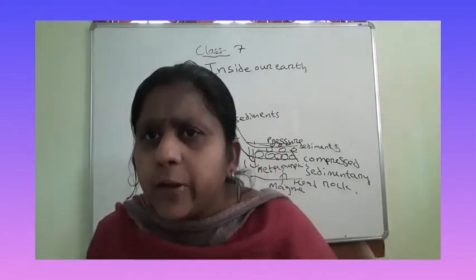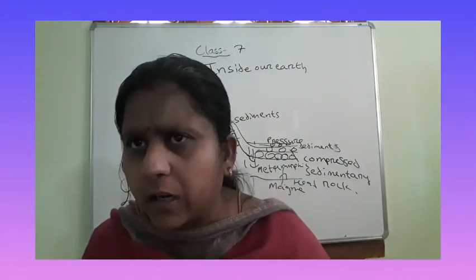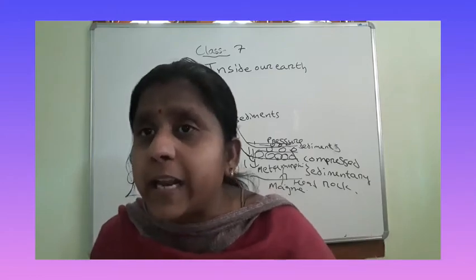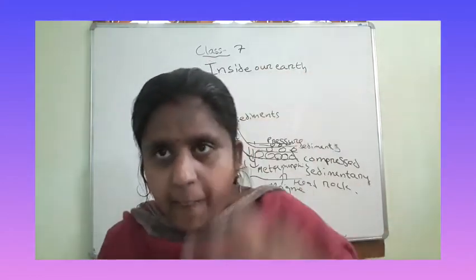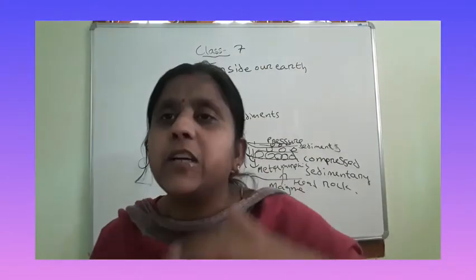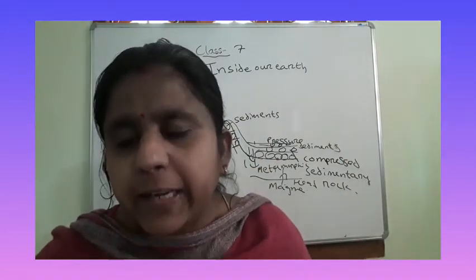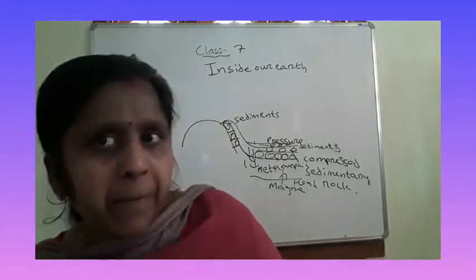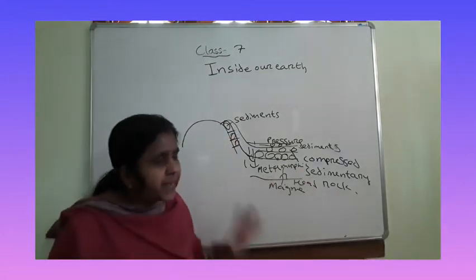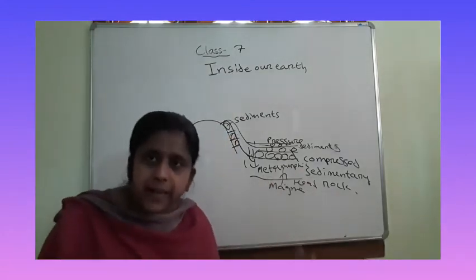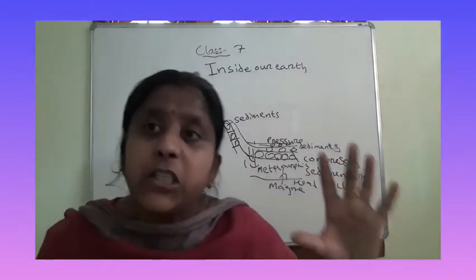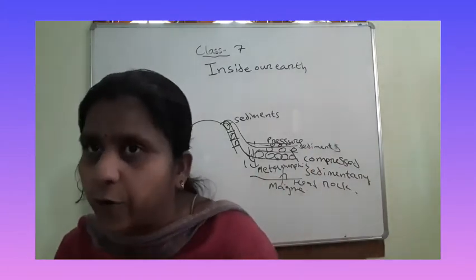Similarly, intrusive igneous rocks are compressed, pressure is applied, and they also change into metamorphic rock. So what we see is that igneous and sedimentary rock change into metamorphic rock.